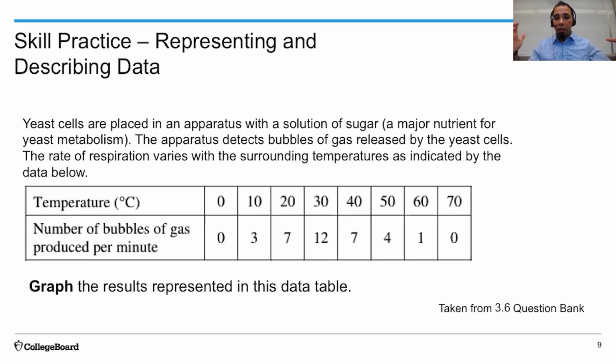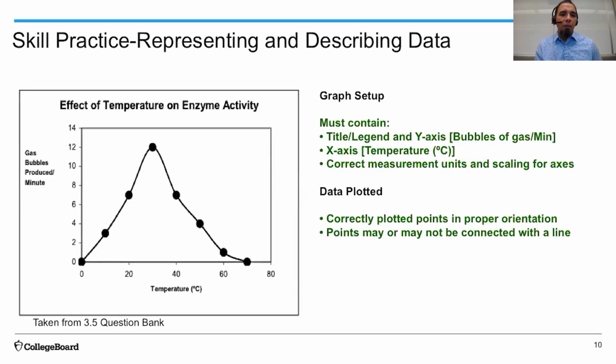If you're doing this in class, hold them up, show your friends. Maybe you need to put something on the refrigerator for mom and dad or whoever you live with. All right. So here is what a graph which would be acceptable. The graph setup must contain a title, a legend, and a y-axis with bubbles of gas per minute, and along the bottom, the x-axis, temperature in degrees Celsius, with correct measurement units and scaling for that axis.